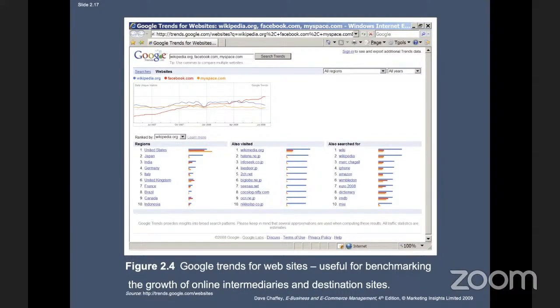Here there are stats for different countries, for example United States, Japan, India, Germany, Italy, United Kingdom, France, Brazil, Canada, Indonesia, and the visited and searched sites like Wikimedia, Hatena, Infoseek, LiveDoor, and then Wikipedia, iPhone, Amazon, Wimbledon. So these are different types of search engines and different online portals.